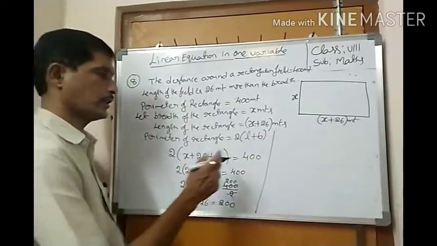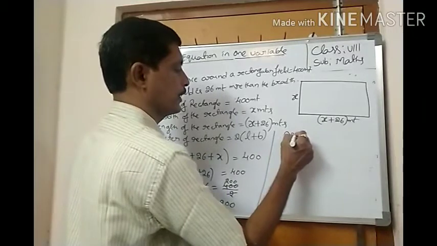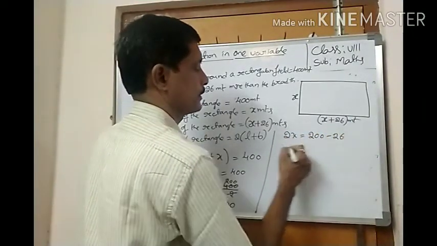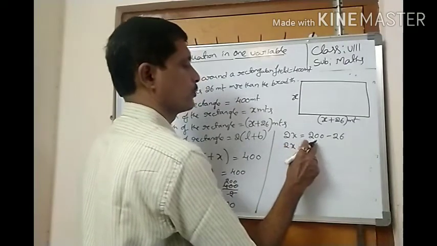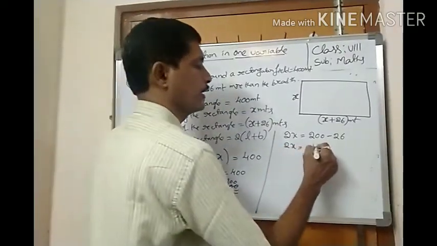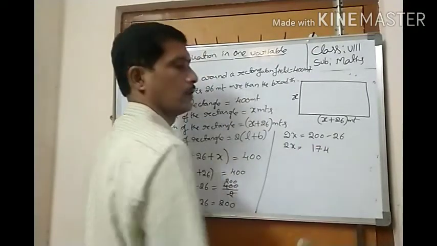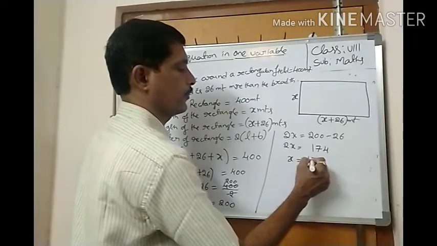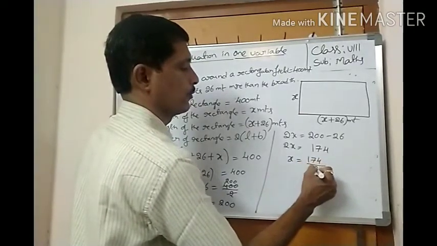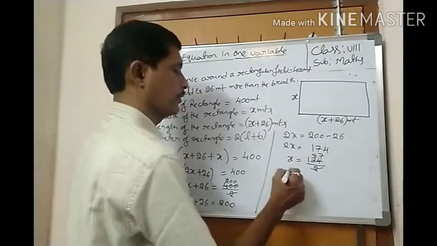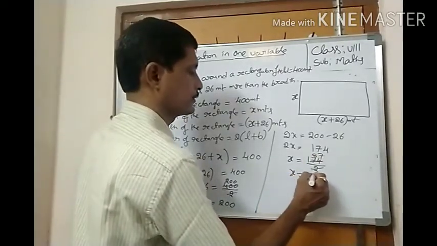This 26 is moved to the other side, so 2x equals 200 minus 26, that is 174. Therefore x equals 174 by 2, that is 87.